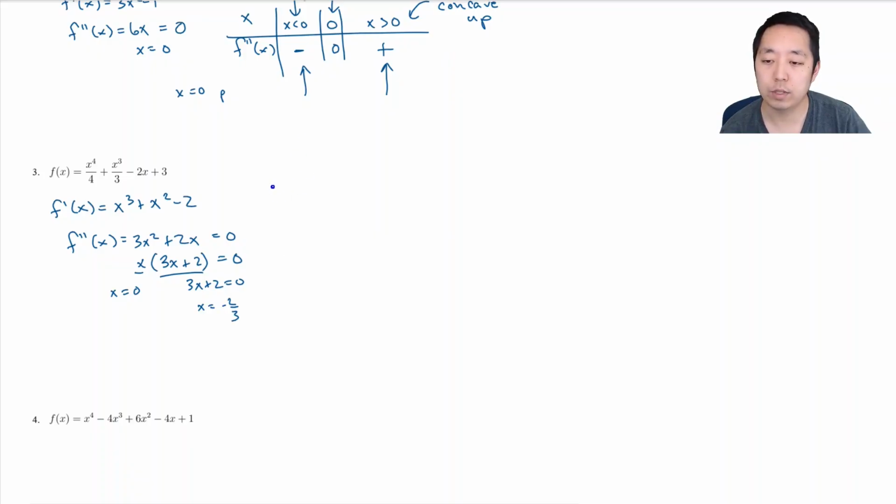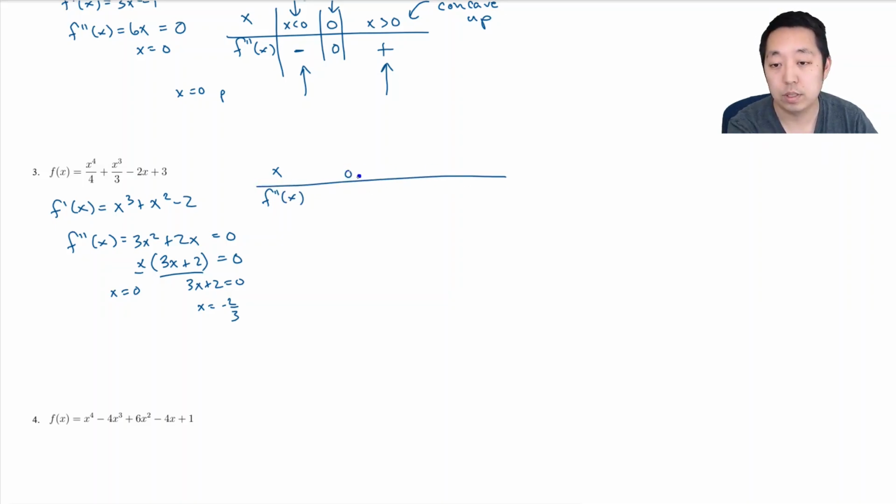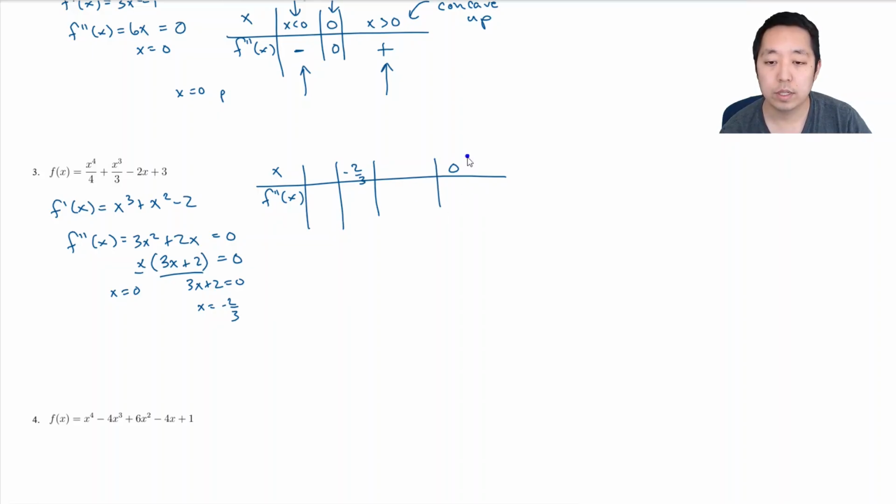And so when I create my line here, from left to right I'm going to have negative 2/3, and 0. There and there, the second derivative is 0 at those points. I want to know what happens between these intervals, when x is greater than 0 and when x is less than negative 2/3. If I go really, really negative, this whole thing is going to be a giant positive number, much bigger than the other term, so it's positive.